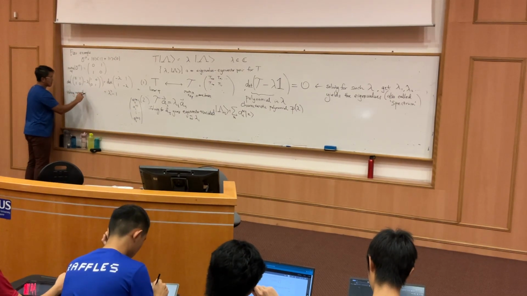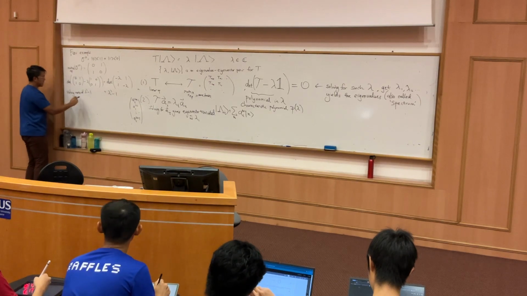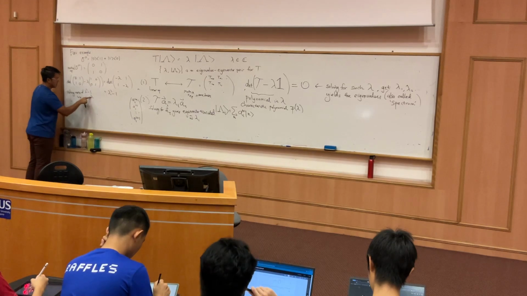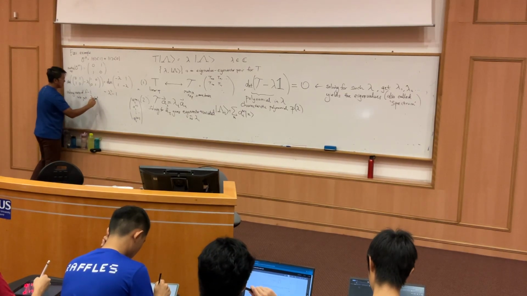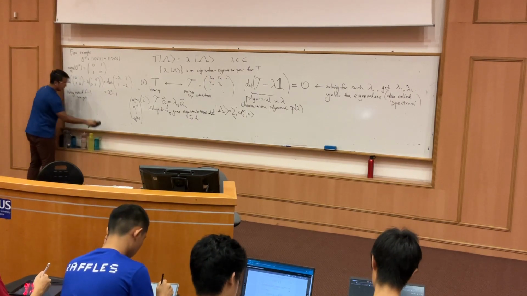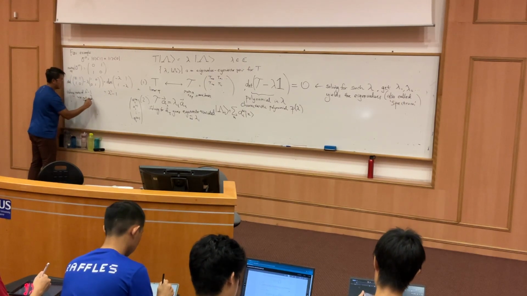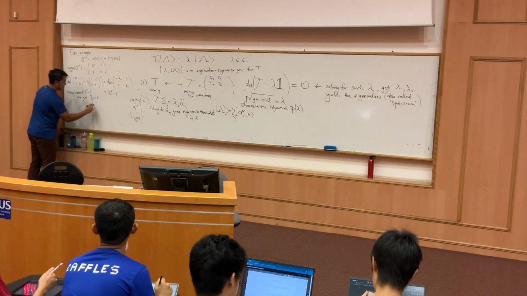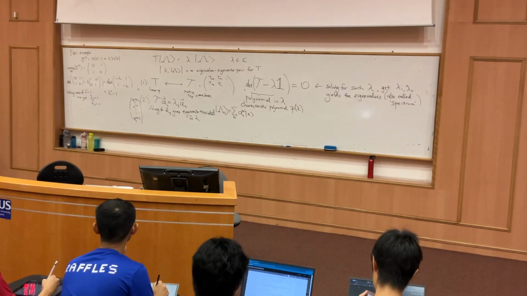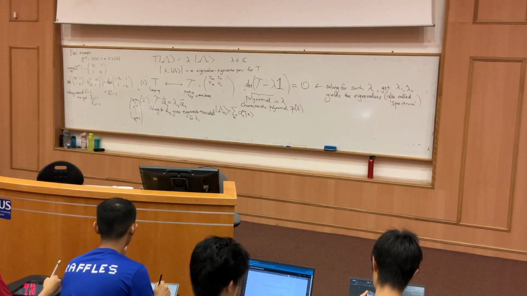Solving for the roots of lambda squared minus 1, we get lambda equals plus or minus 1. If I use that convention, I should say the first eigenvalue is 1 and the second eigenvalue is minus 1. Both of them are roots of this polynomial.